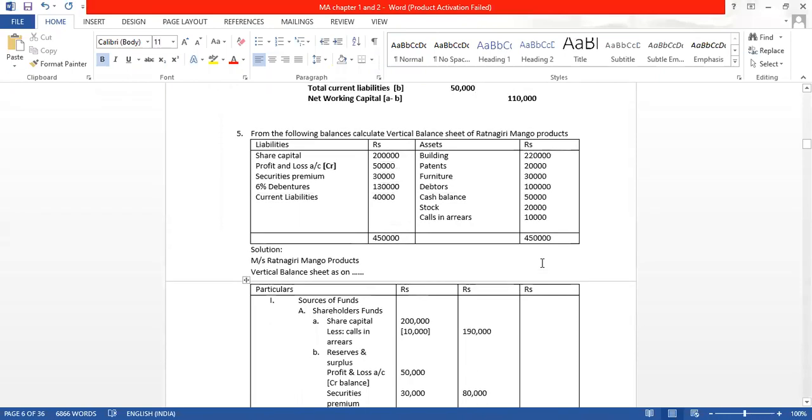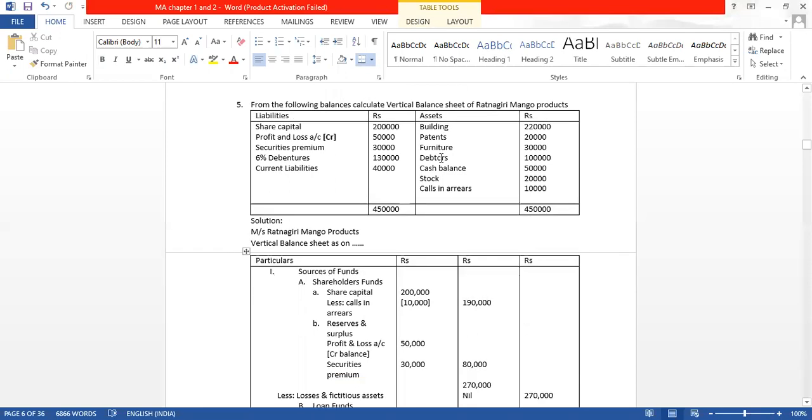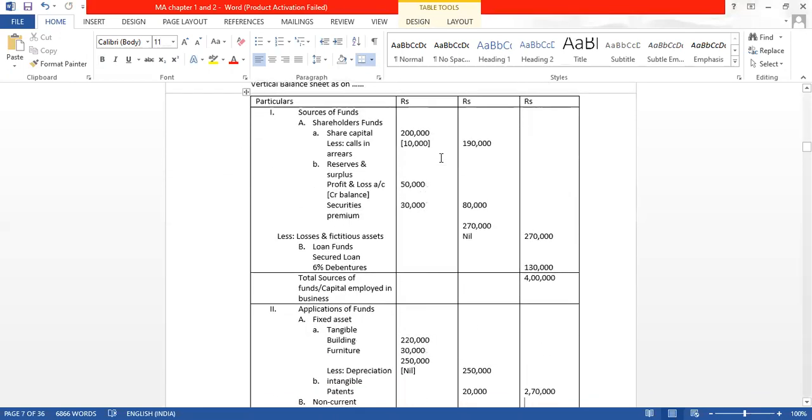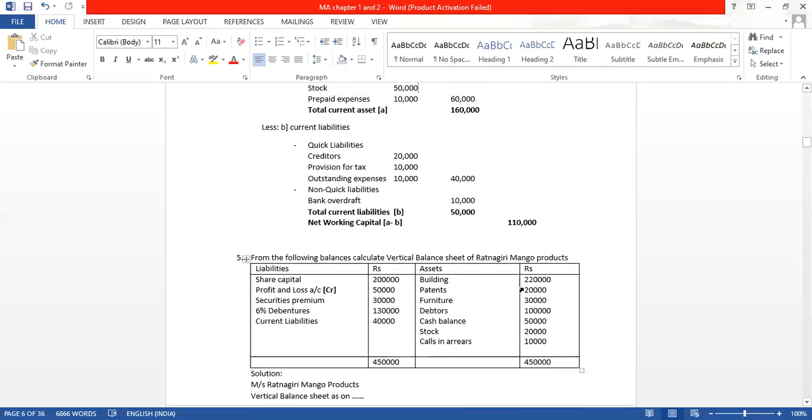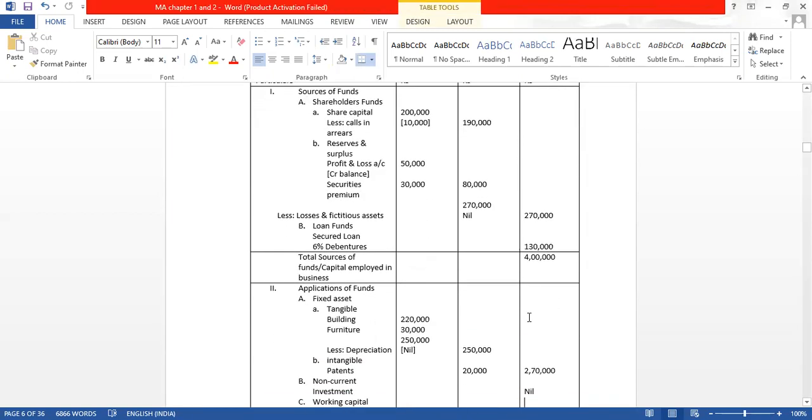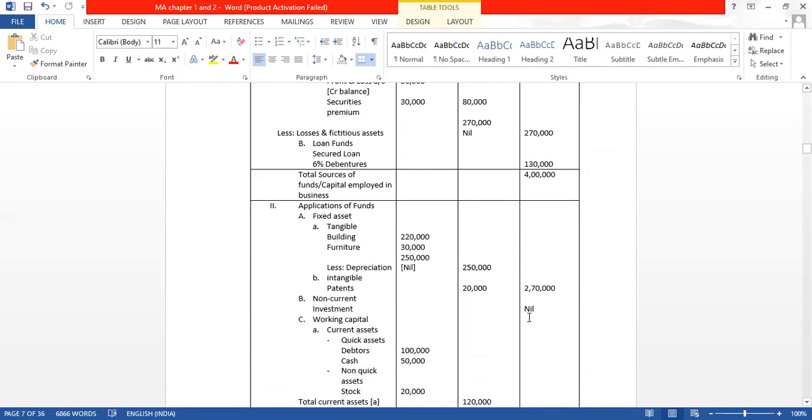What is remaining? 40,000. One minute. Building and furniture 2,20,000 and 30. Patent is 20. Yes, 2,50,000. So 80.